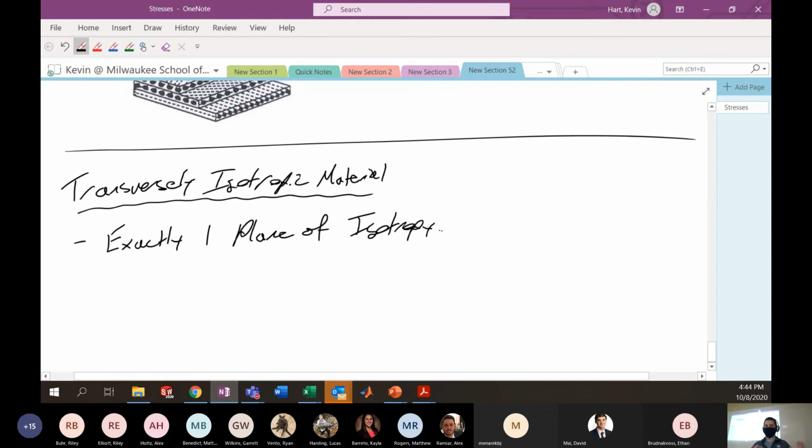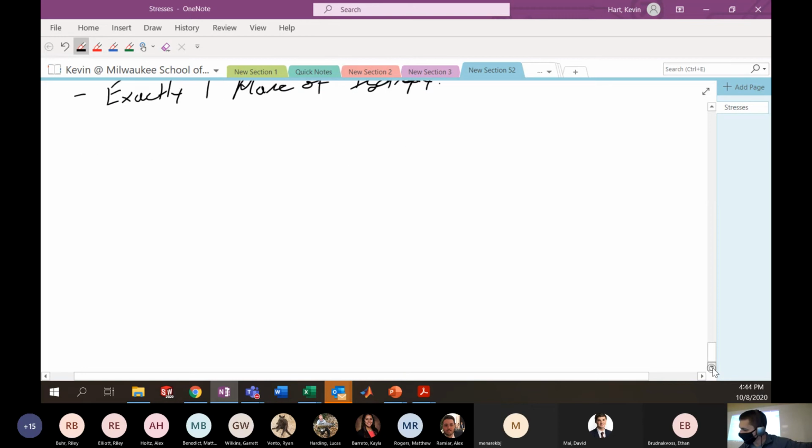So remember that a plane of isotropy is different than a plane of symmetry. Remember, a plane of symmetry is where a 180-degree rotation about an axis out of that plane leaves the property unchanged. A plane of isotropy is where any rotation in the plane leaves the property unchanged. So slightly different.